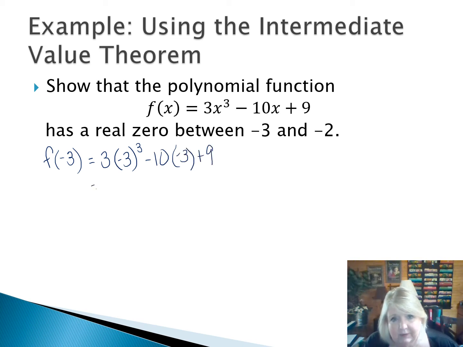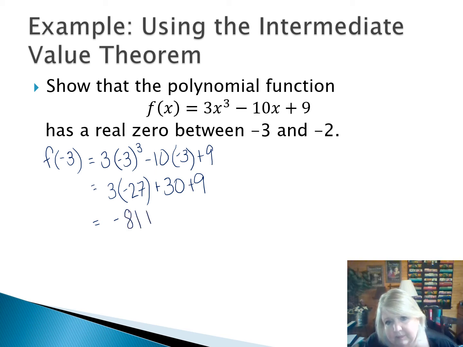So -3 cubed is -27. -10 times -3 is +30. Then -3 times -27 is -81. And yes, you could do the 30 plus 9 and call it 39.